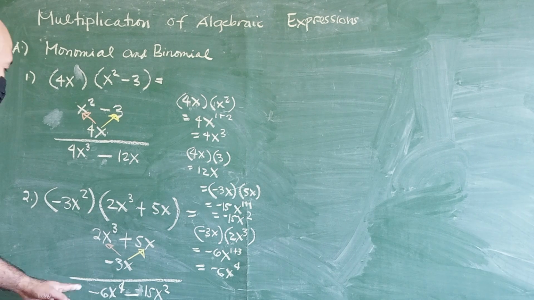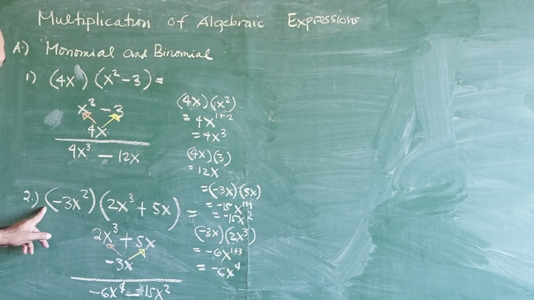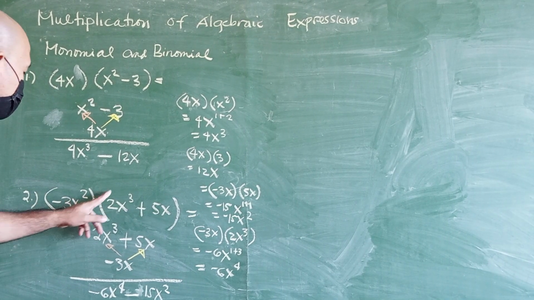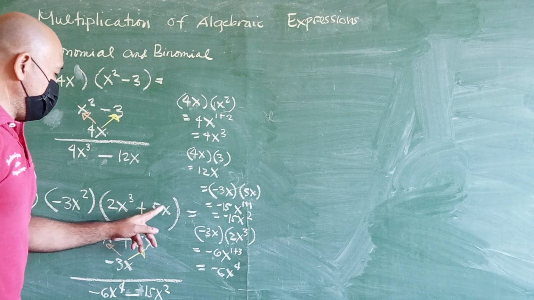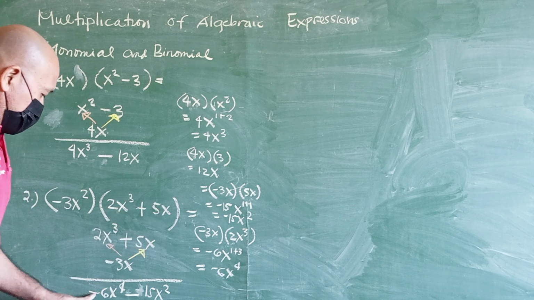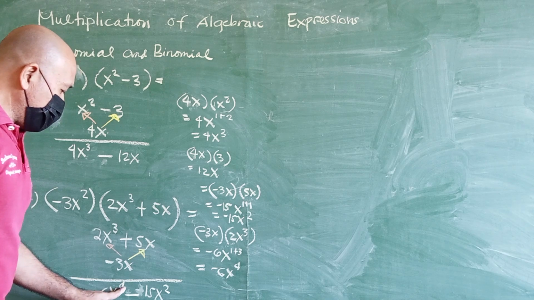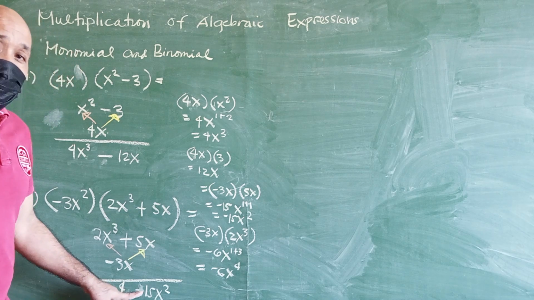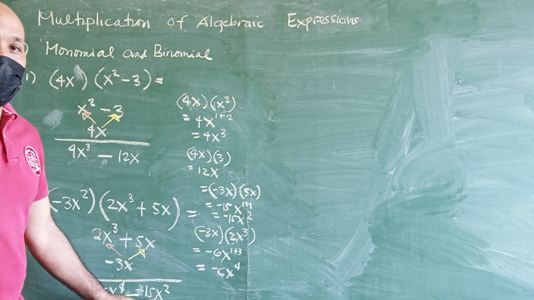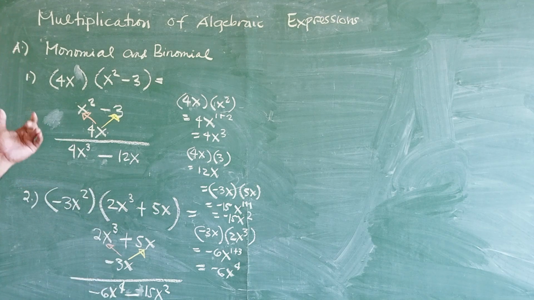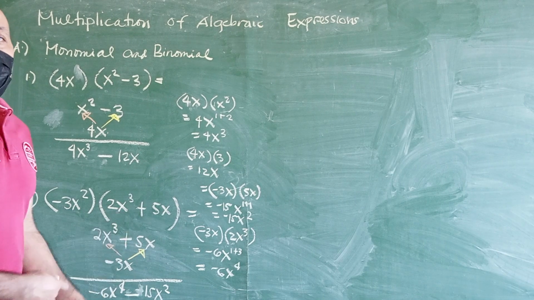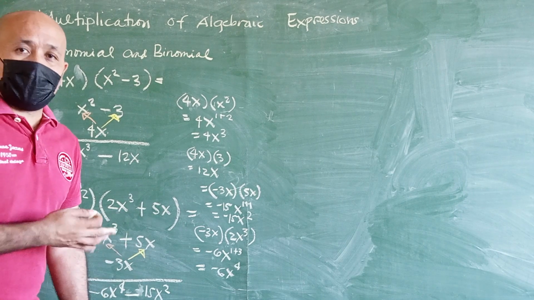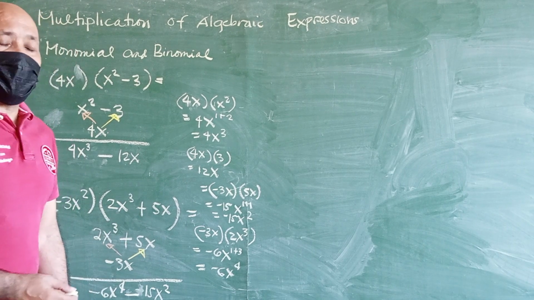So the final answer is, when we multiply the quantity of negative 3x squared times the quantity of 2x cubed plus 5x, the product is negative 6x raised to the power of 4 minus 15x squared. As simple as this, if you have mastered the basic part of the multiplication, which is the multiplication of monomials.